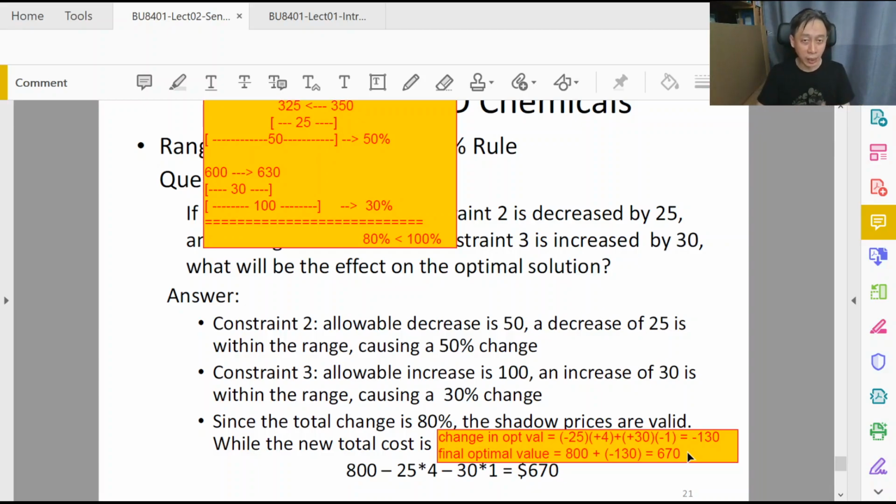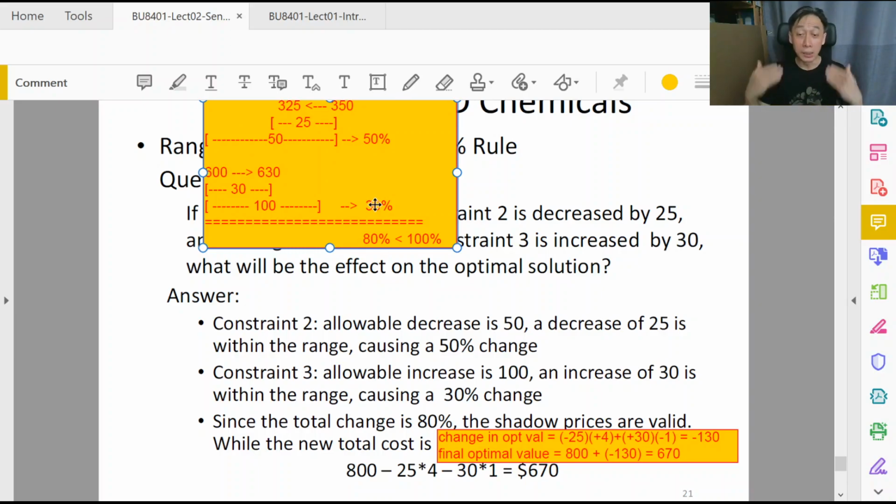Right? Another common mistake made by students will be whenever there's decrease, you have minus percentage. Whenever there's increase, you have plus percentage. And that's not quite right, because you might find that when you disturb the system 90% here and 90% in the other direction, you end up saying incorrectly that you have not made any disturbance on the system, right? That's not correct.